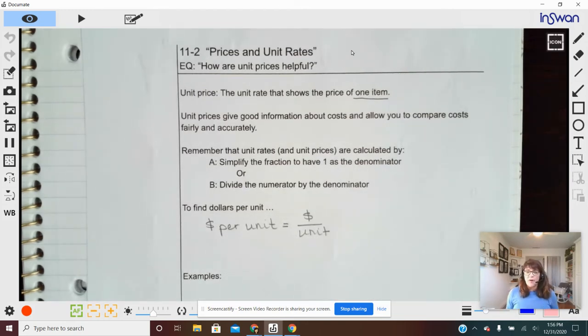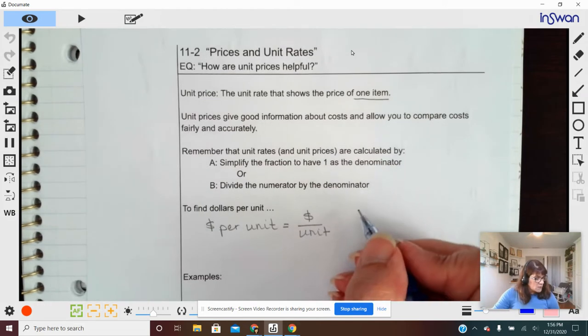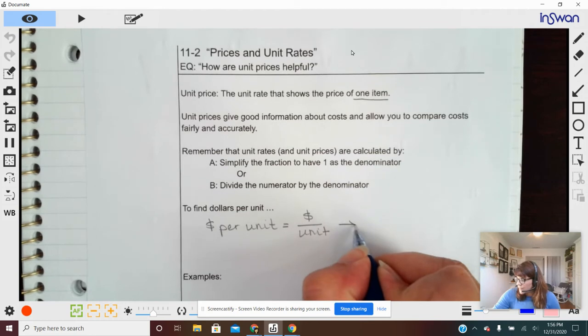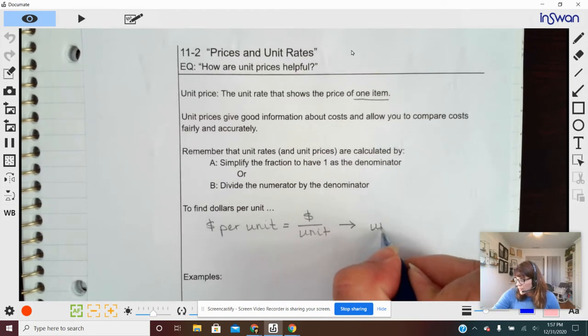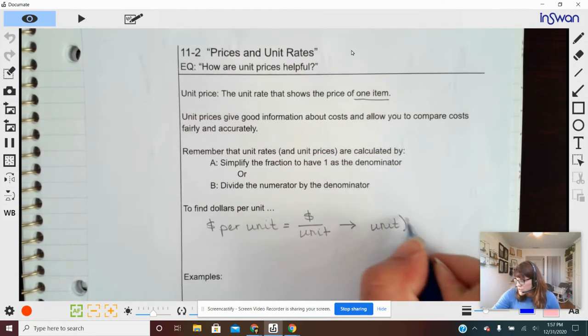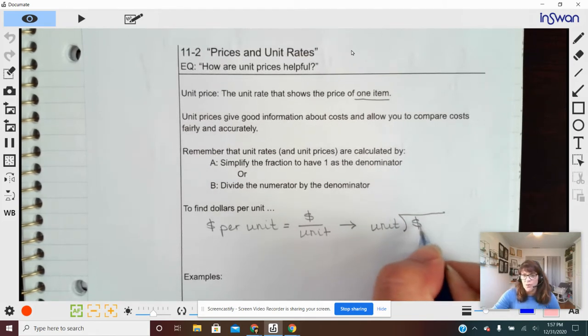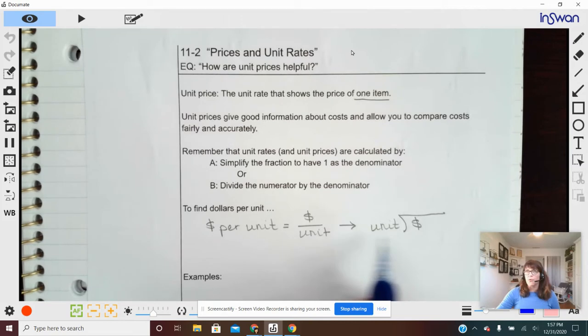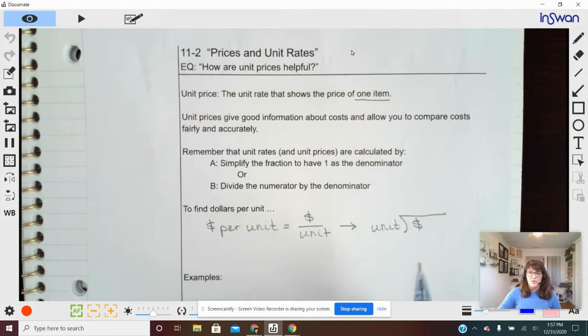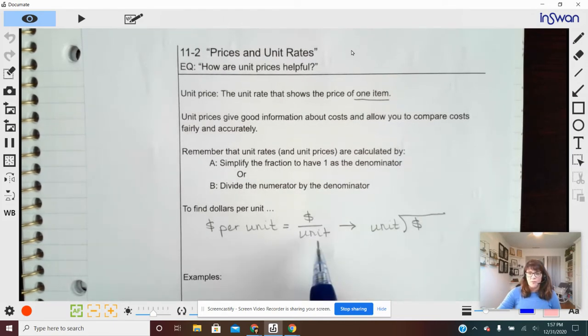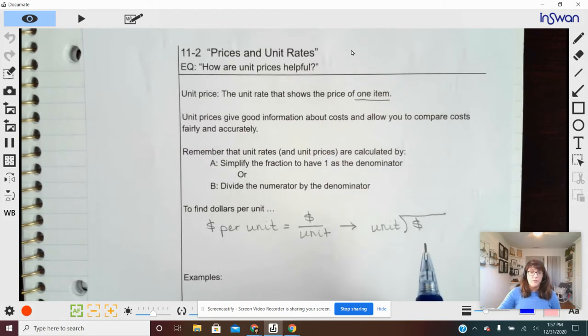If you end up dividing, which you will for a lot of these, remember that your denominator is going to go on the outside of the division problem. The numerator is going to go on the inside to get your proper division. Since that's such a common mistake, I wanted that written in your notebooks again.